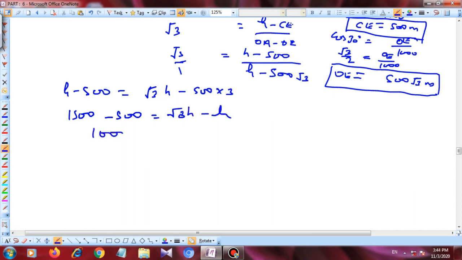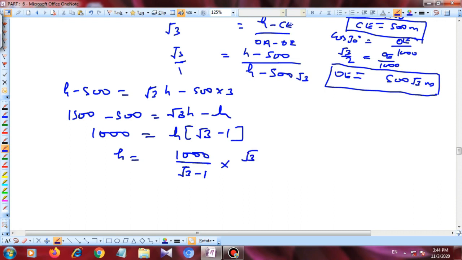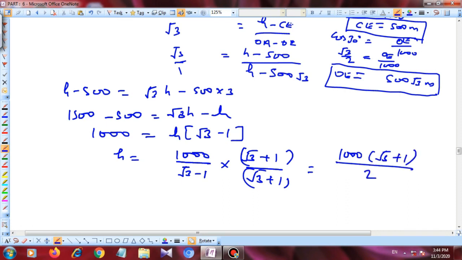So 1000 equal to H, after taking H common, root 3 minus 1 inside the bracket. Then H equal to 1000 upon root 3 minus 1. Now rationalize it. Multiply by its conjugate, root 3 plus 1 upon root 3 plus 1. Then you will get 1000 bracket root 3 plus 1 upon 2, so you will get 500 bracket root 3 plus 1 meter.